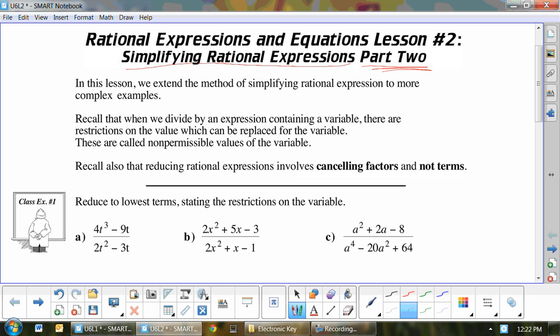So we're doing kind of the same thing. Basically in lesson 2, we're doing the same thing, but we're working with questions that are more complicated now. So let's start with example 1b.